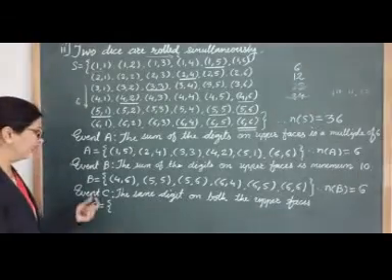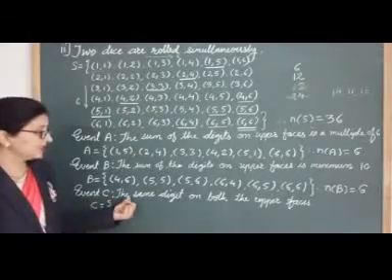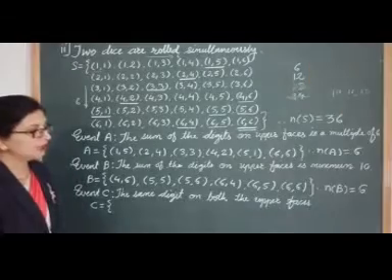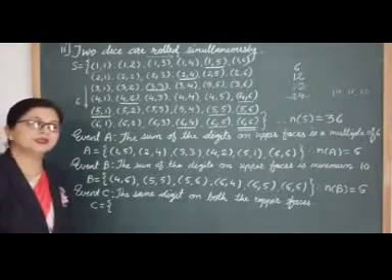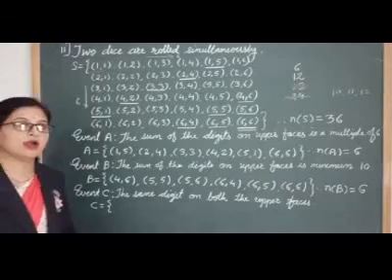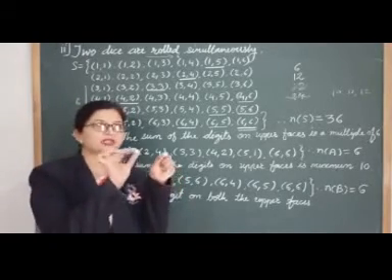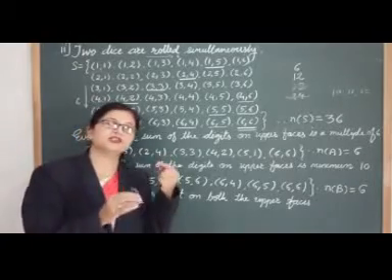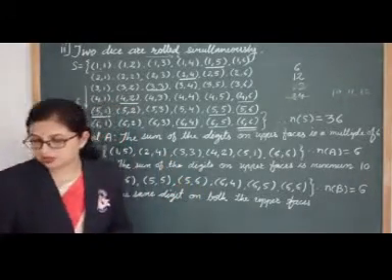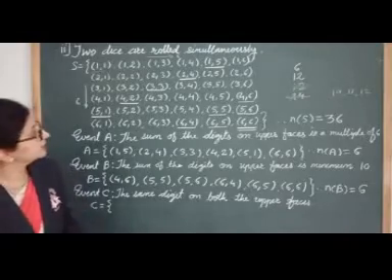Okay, now let's see event C. The same digit on both upper faces. It means on both dice we want the same number. If one die shows 1, then the other should also be 1 only. If one is 2, then the other is also 2. So let's write down those points.